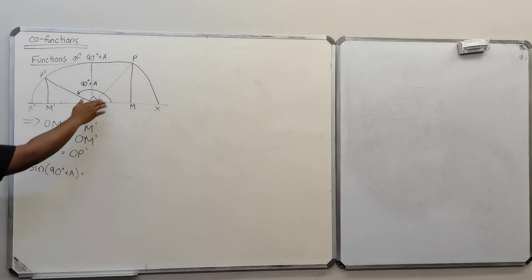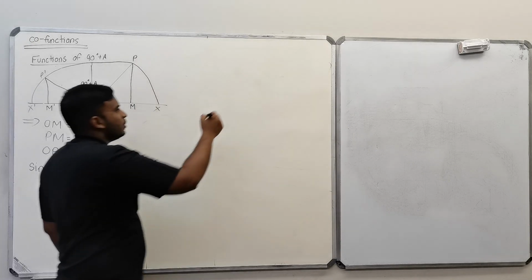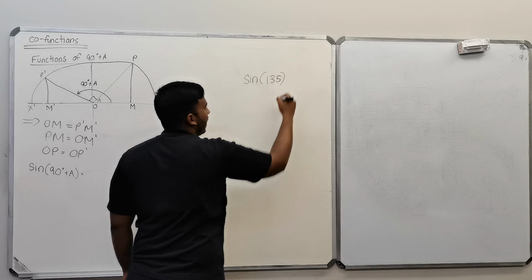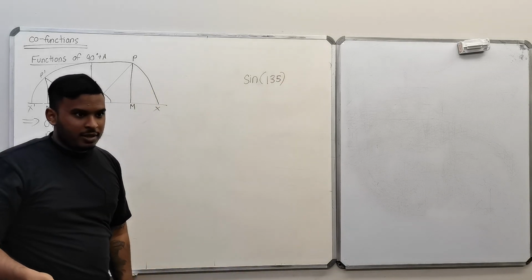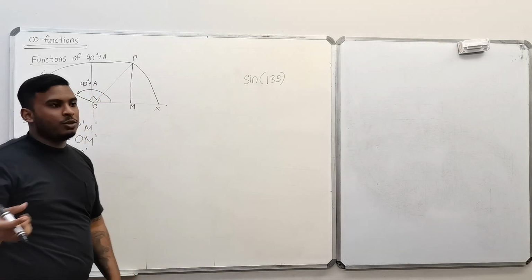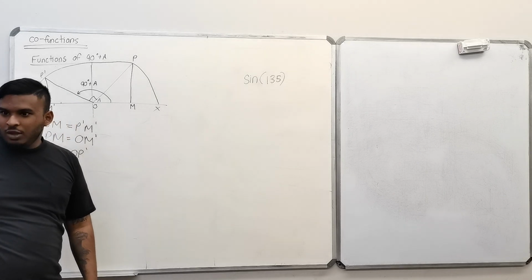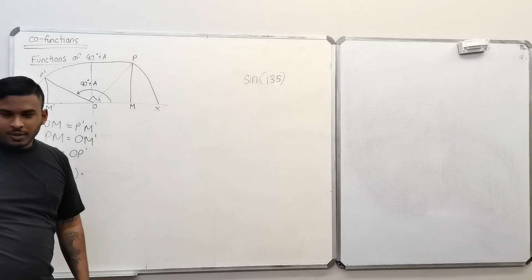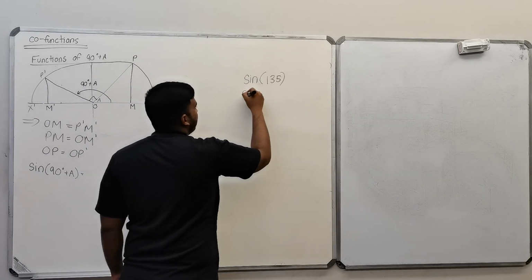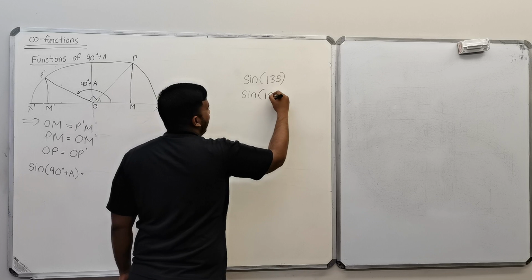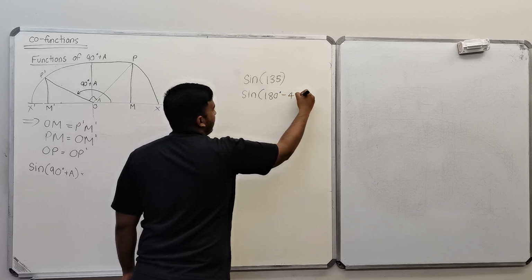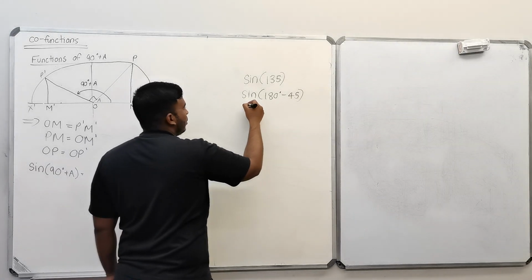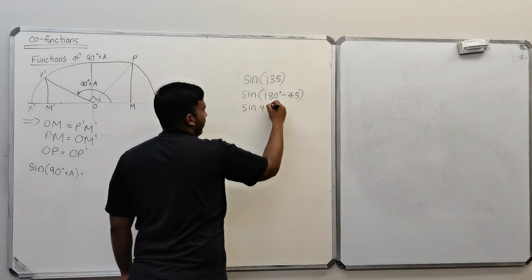This is 90 plus A. You remember earlier on when I told you that if I had sine of 135 and you had to break it up, you could have broken it up into 180 minus, or you could have said 90 plus 45. But even if you said 180 minus 45, 180 minus is positive in the second quadrant. So this answer comes up to sine 45.